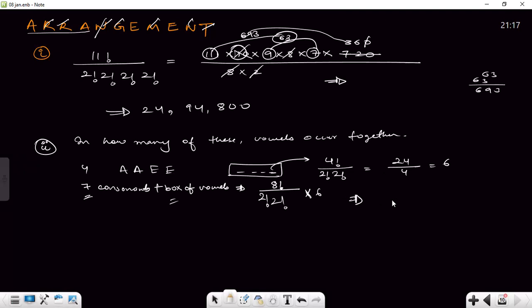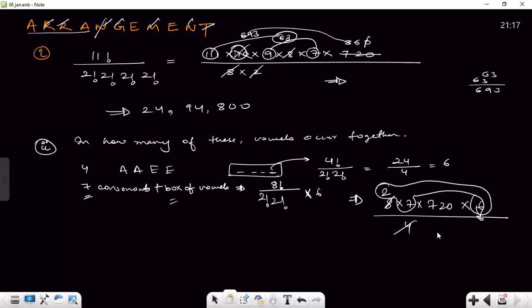Okay. 8 factorial into 6 is 720 into 6 divided by 2 into 2, which is 4. 4 divides 8 by 2, so that becomes 14. 14 into 6 becomes 84. Now this is 84 into 720.